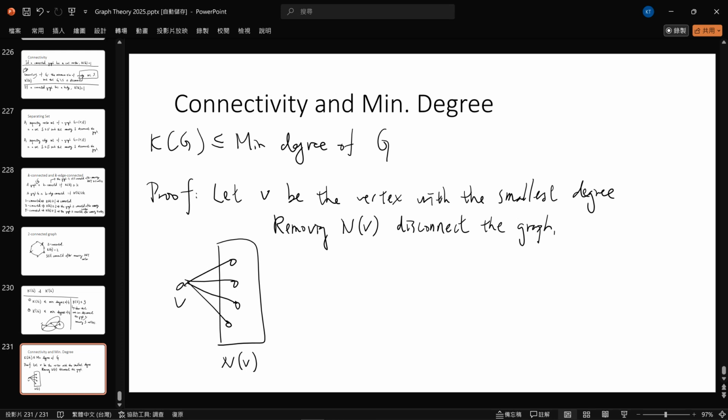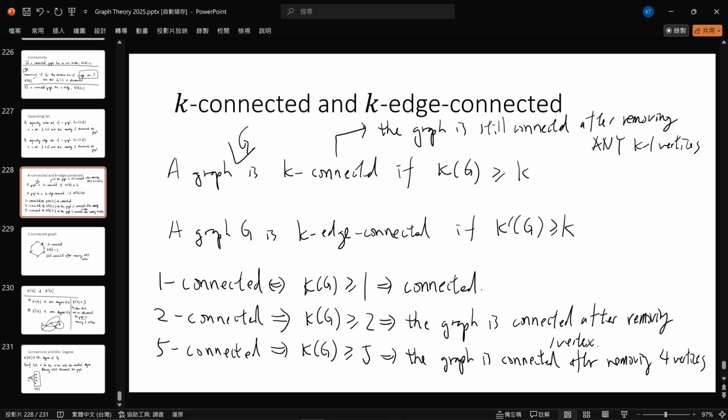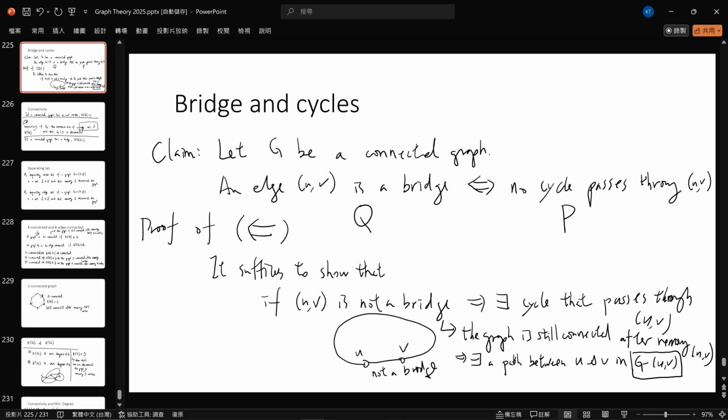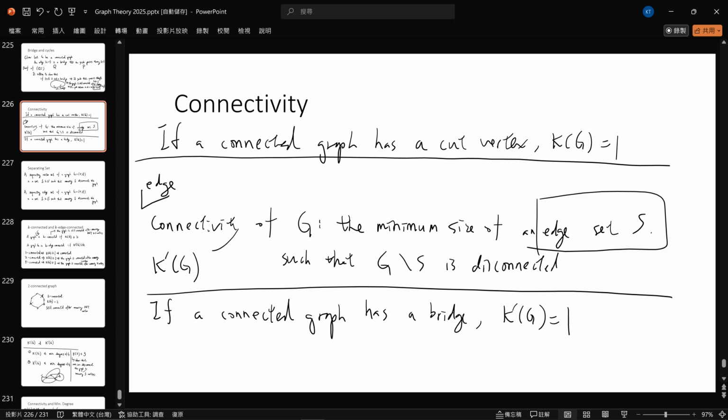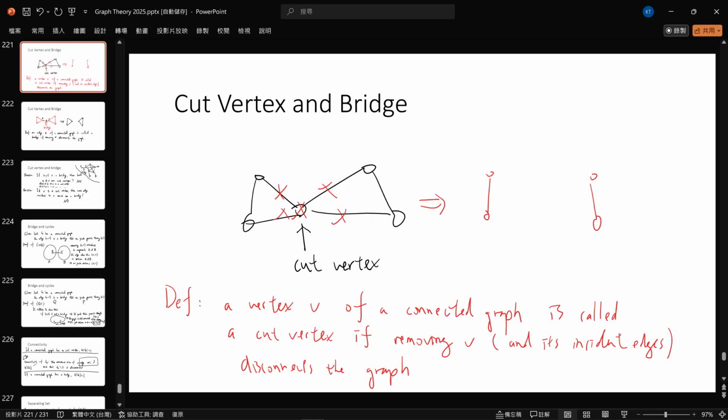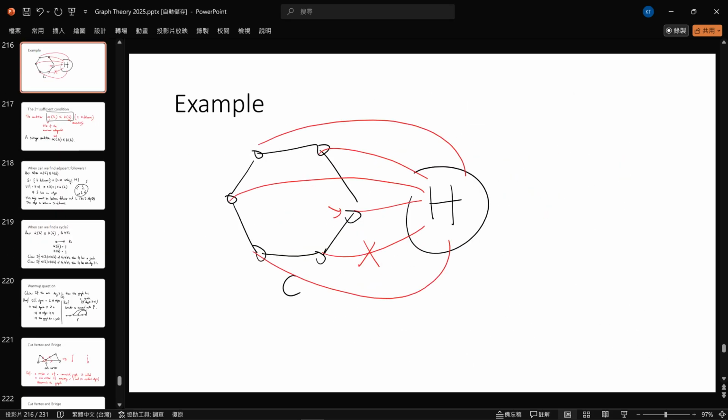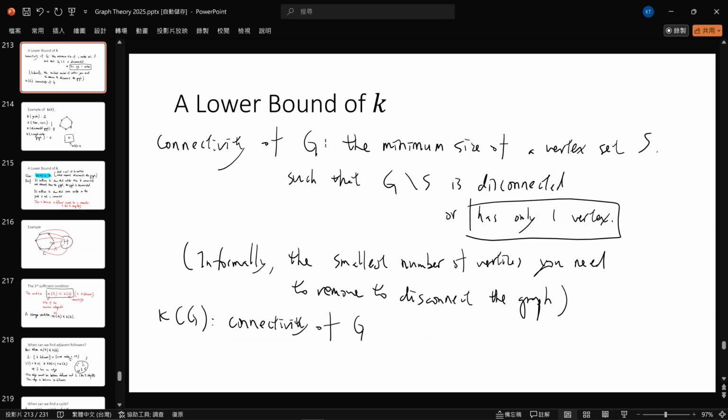Okay, and there's a corner case where this is the whole graph. That is, the whole graph just consists of V and its neighbors. So if you remove all neighbors of V, then the only remaining vertex will be V. But this is okay because when we define connectivity, we have this corner case where the remaining graph only has one vertex.